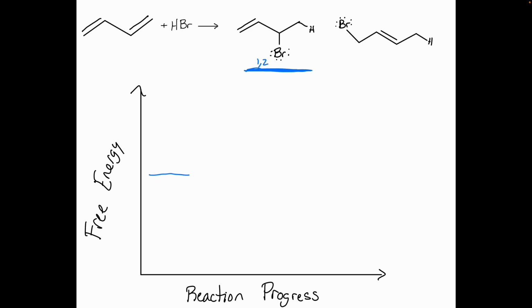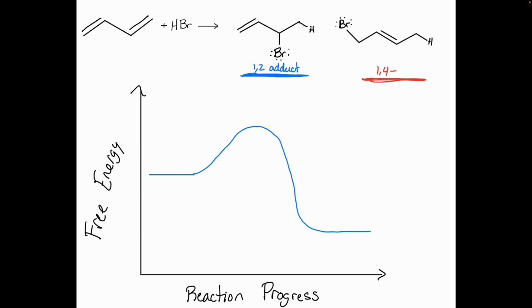All right, I'm going to start here. I'm going to draw my activation energy barrier and then have it level off here. So again, that's for my 1,2 adduct in blue. Okay, now on top of that, I'm going to sketch the same thing, my free energy diagram, but now for that 1,4 adduct.